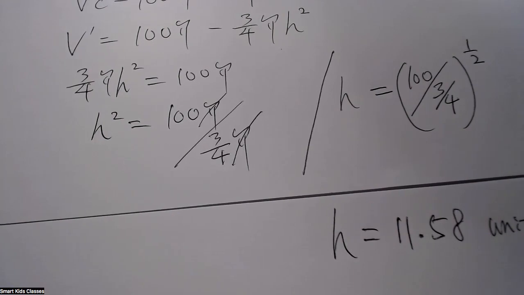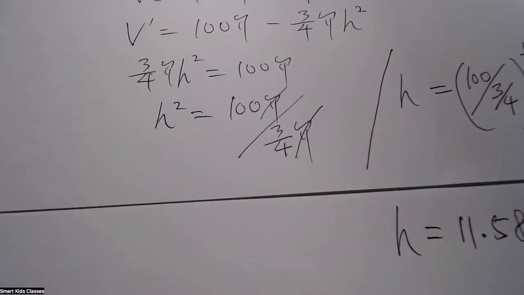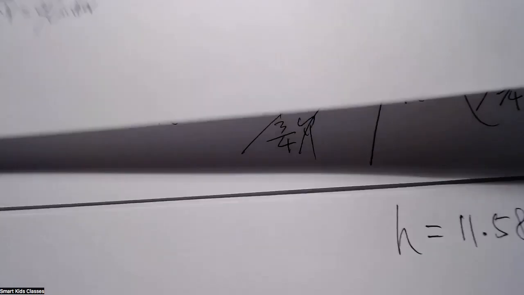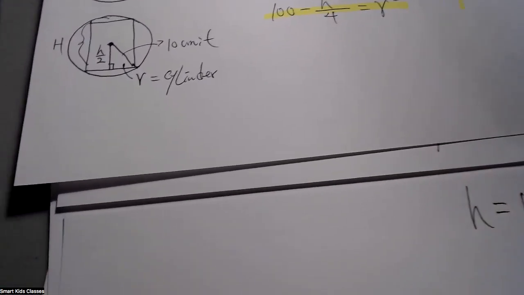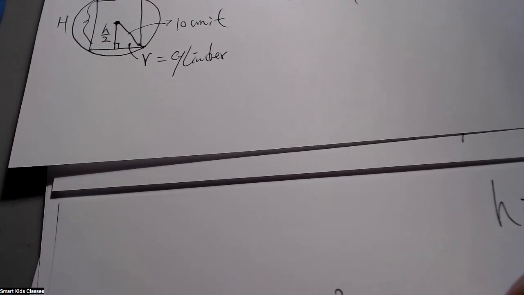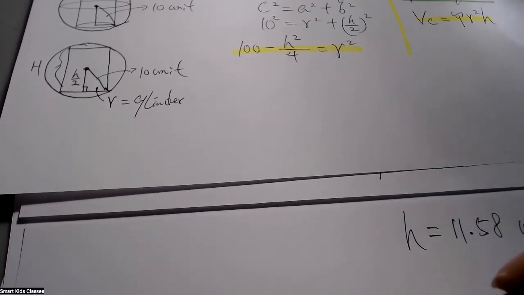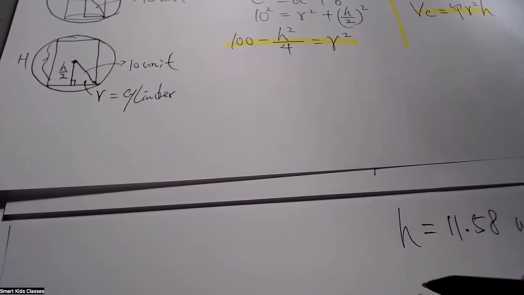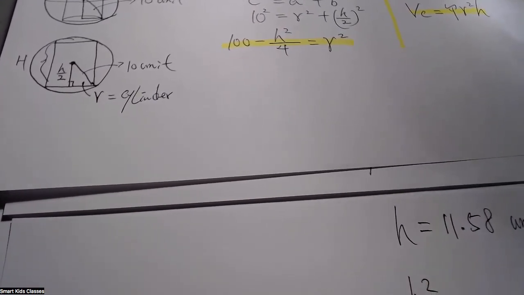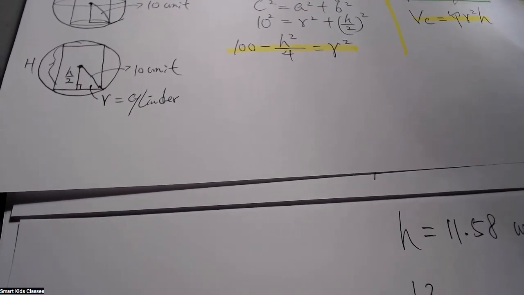Now that we have found h, we're going to find the radius. We substitute into the constraint equation for radius squared, so it's equal to 100 minus h squared over 4.